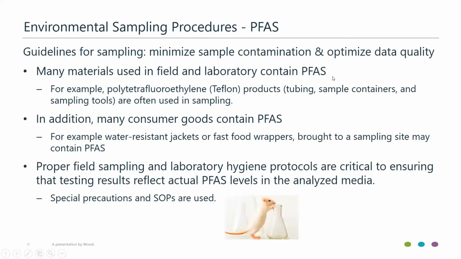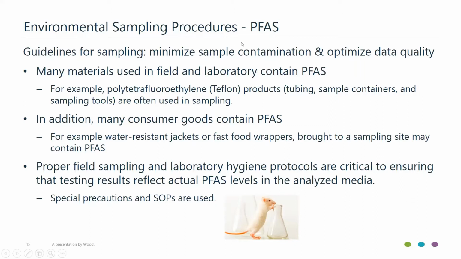Next slide, please. So just a couple of examples. When we're sampling or when lab equipment is being used, we try to avoid products such as Teflon, which may potentially have PFAS in it. And it's not alone. There are definitely others. And then, looking at the consumer goods, potential equipment that you could be wearing, for example, a water-resistant jacket or fast food wrappers. And there's a lot of discussion going on and some research going on to find out what's really likely to drive cross-contamination and what's not.